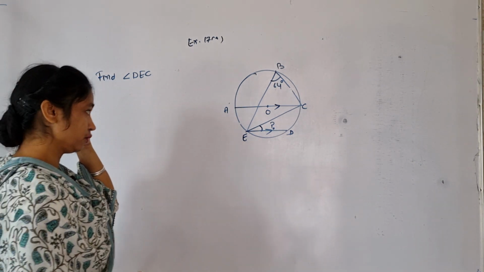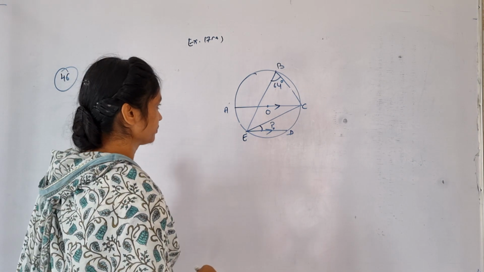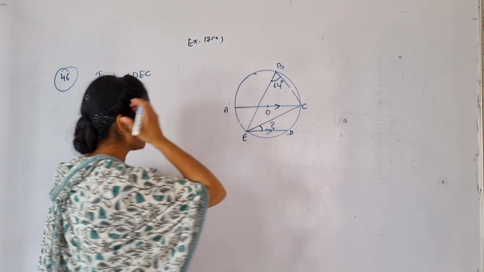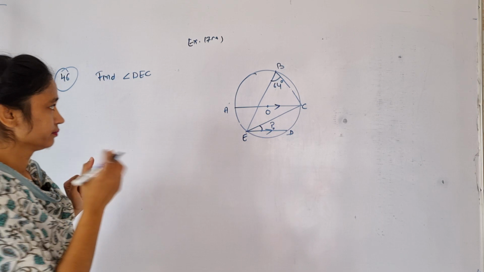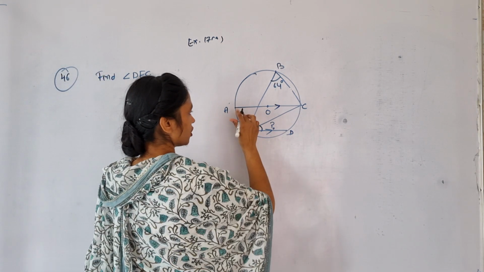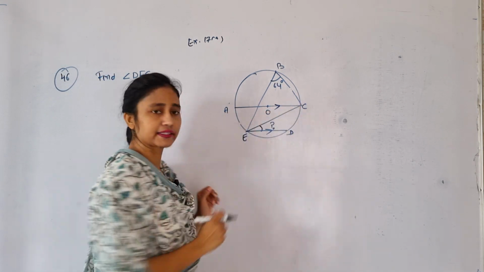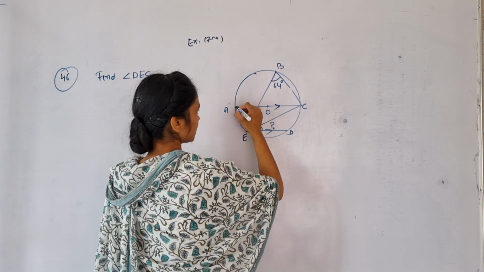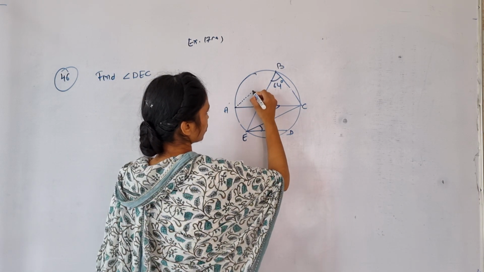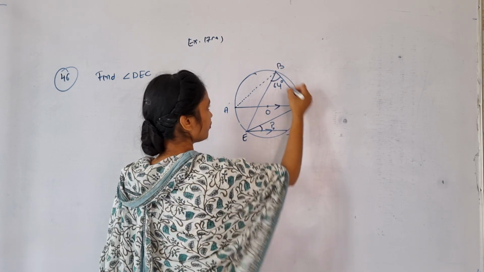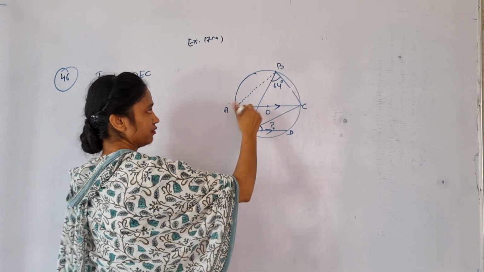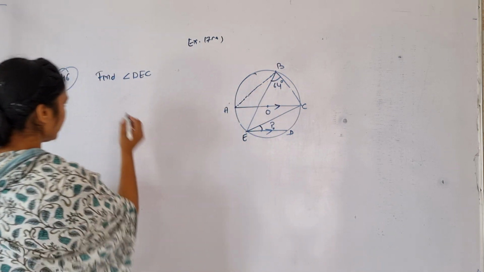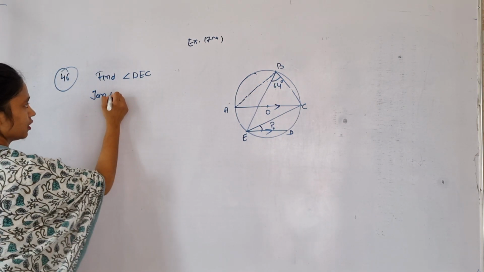See how we will solve this sum. For this we will have to do a construction. B, C are the end points of the diameter. ठीक है, B और C से जो इस पे एंगल बनेगा B पे, that will be of 90 degree. For that I will have to do the construction. Join B and A. Join AB.